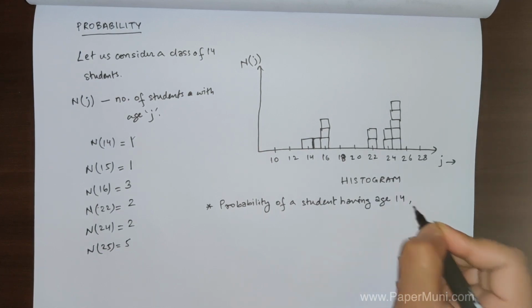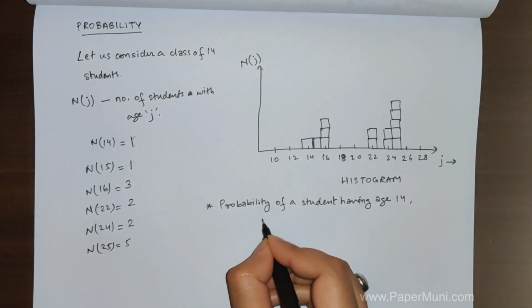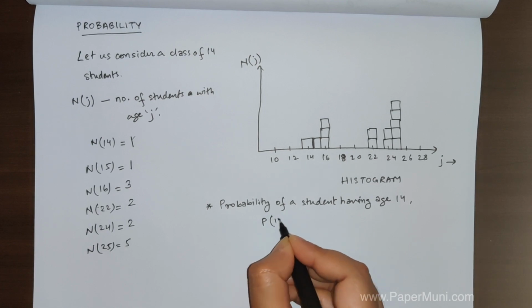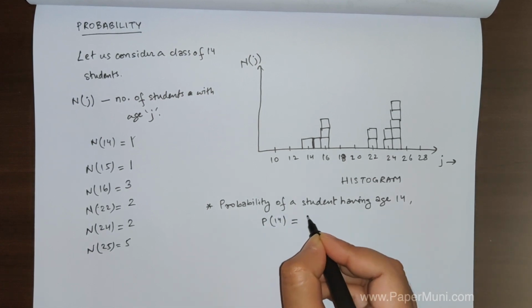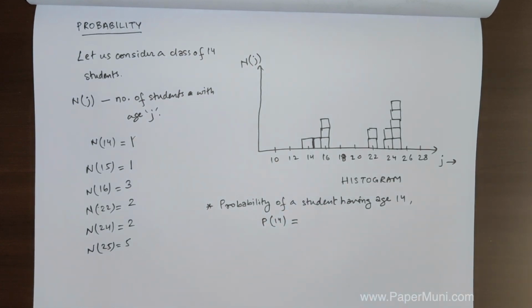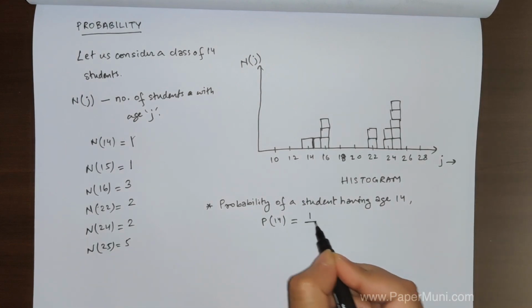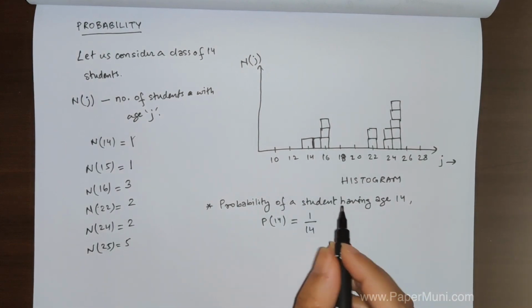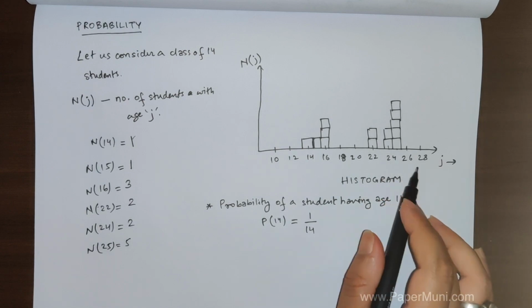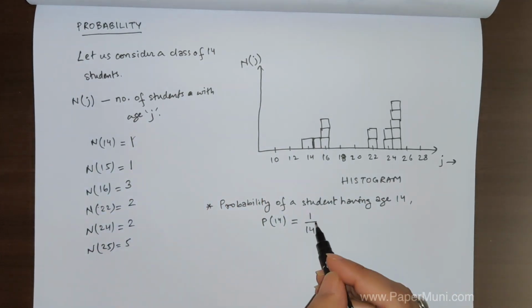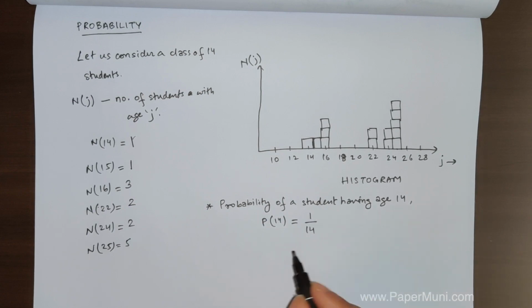So we can write that P14 is equal to the number of students with age 14, which is 1, over the total number of students, which is 14. Every student is equally likely to be picked. We have one student with age 14, and the total number of students is 14.